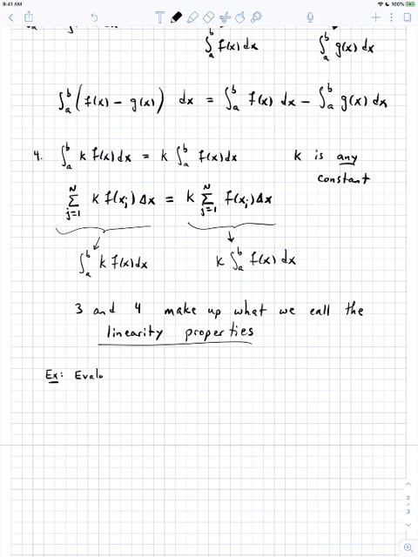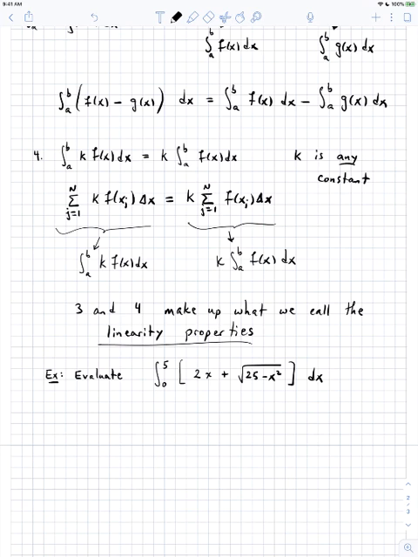Evaluate the following integral. The integral is a definite integral from 0 to 5, and the thing we want to integrate is 2 times x plus the square root of 25 minus x squared, dx.